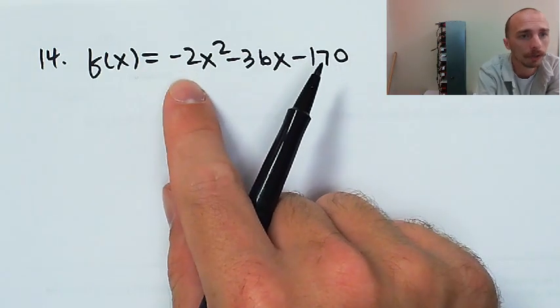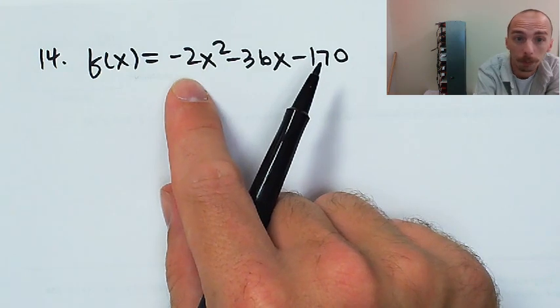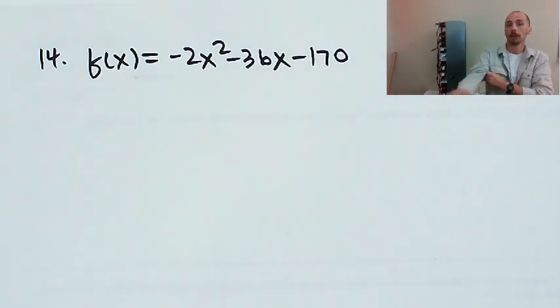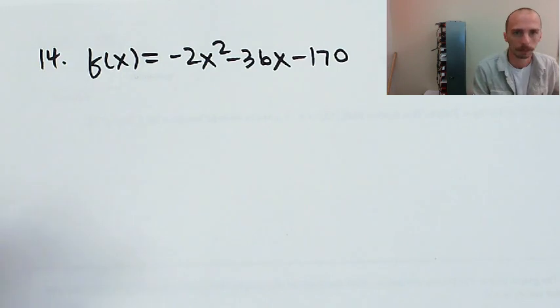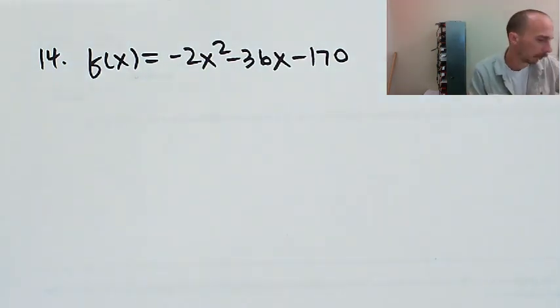You'd change the location of the vertex, you'd change the maximum or minimum value, and the fact that it was a maximum or a minimum. So that's not an algebraically legitimate thing to do.